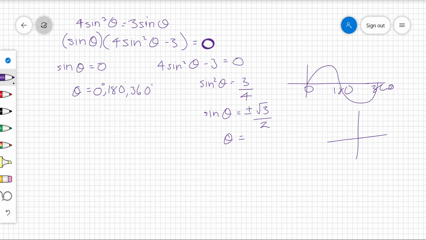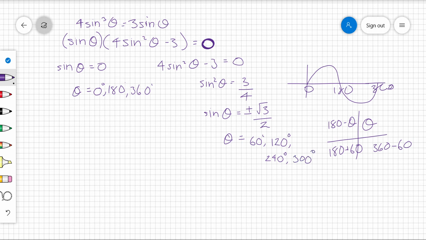So remember, we're going to have first of all the theta quadrant. Sine 60 is root 3 on 2, so I know that's going to be 60 degrees. Then we've got the second quadrant, which is 180 minus 60. I'll just write it in. Then we've got 180 plus 60, which is 240. Then we've got 360 minus theta, minus 60, which is 300.